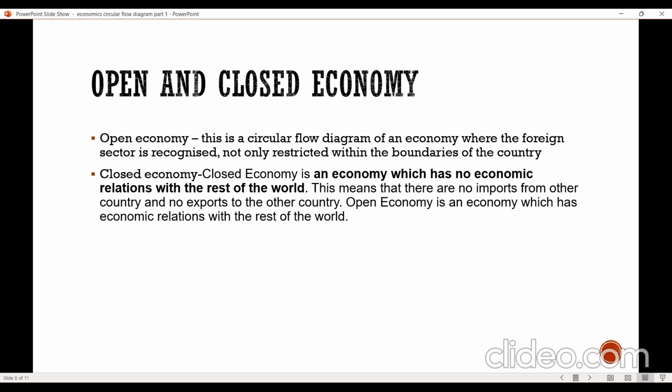Now, this is a circular flow diagram of an economy where the foreign sector is recognized. I mean, now we are taking the foreign sector into consideration. We are taking trade into consideration with other countries, and trade does not only lie within the boundaries of the country in this economy, right? Now, what is a closed economy?